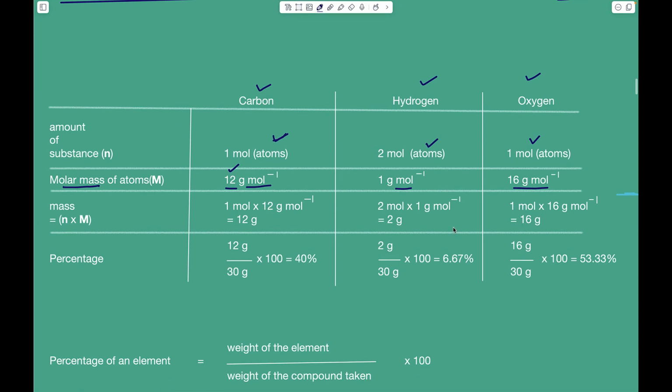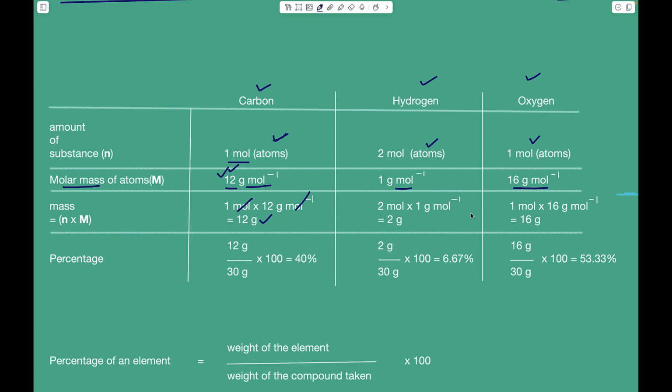Then how do you find out the mass of carbon? Again, you have to multiply the number of moles or amount of substance with its molar mass. Here the amount of substance is 1 mole and the molar mass of carbon is 12 grams per mole. So when you multiply these two, these units get cancelled and you will be left with 12 grams.